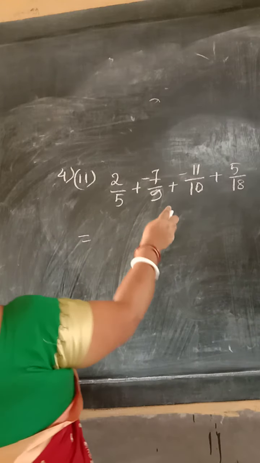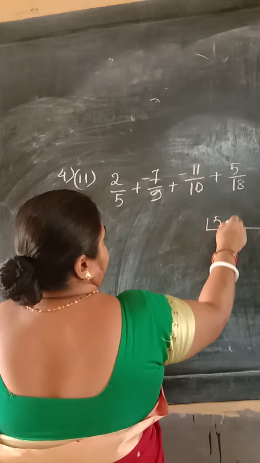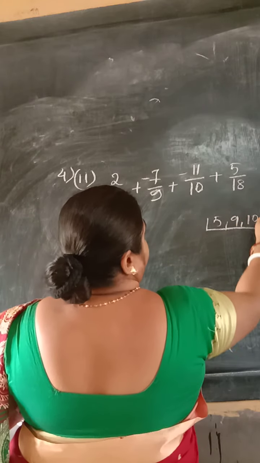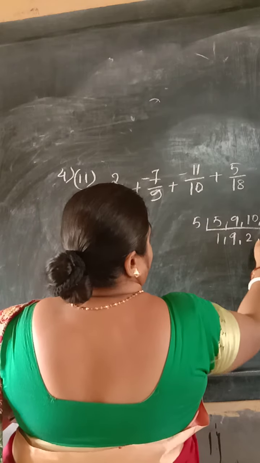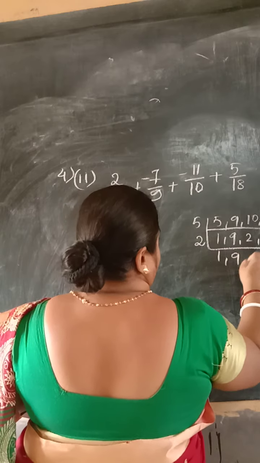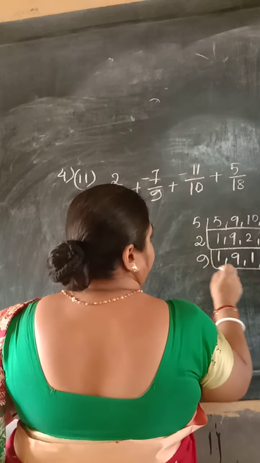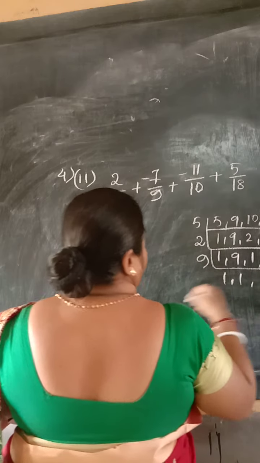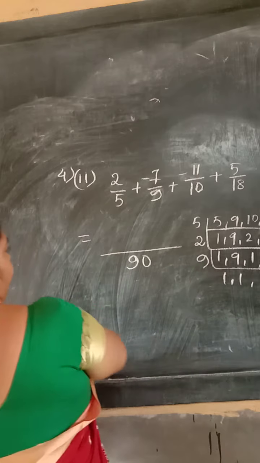Now we have all different denominators, so we need to find the LCM of 5, 9, 10 and 18. So the LCM is 90.